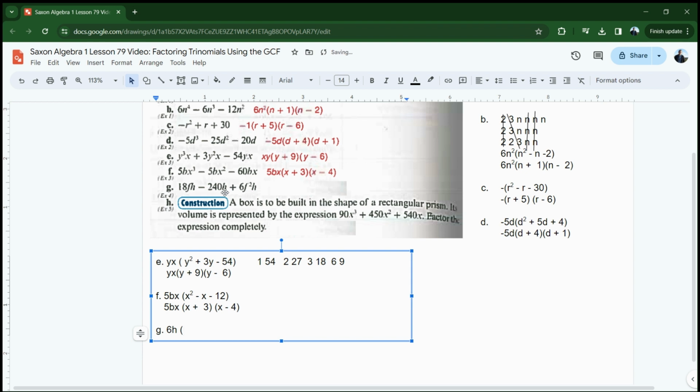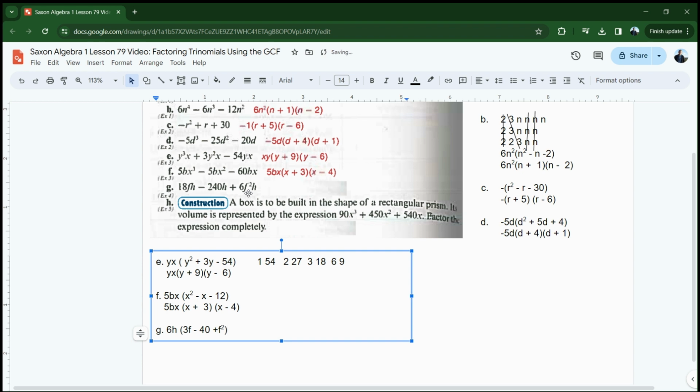6H times 18F minus, let's see. Oh, hold on. I need to pull a 6 out of it, so it's 3F minus, let's see. To get 6 to turn into 240, it's 40. So it's going to be minus 40 plus, and I pulled a 6H out of this, so I just have F squared. There was no F in the middle term, but I pulled an H out of that term.